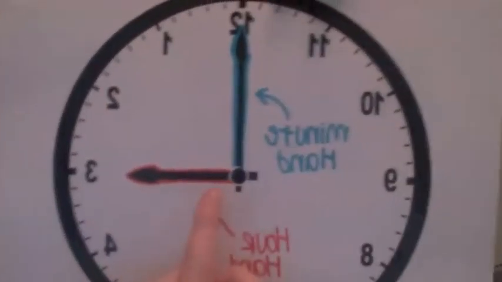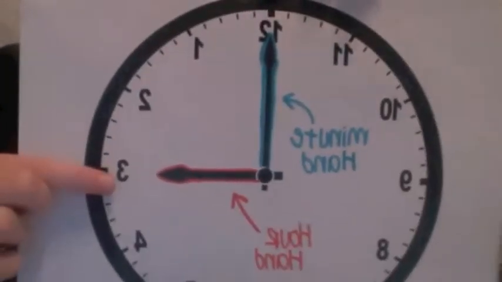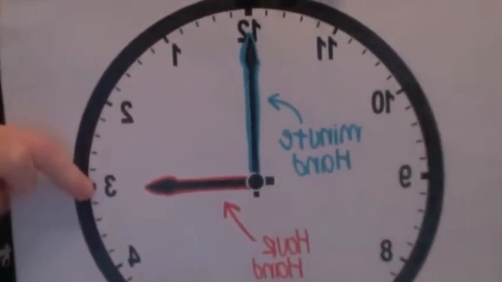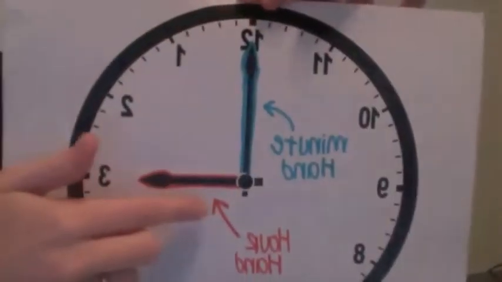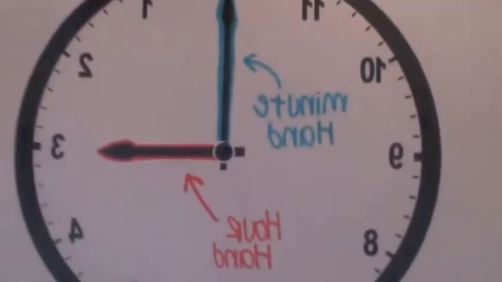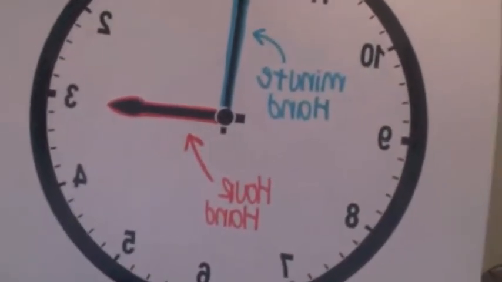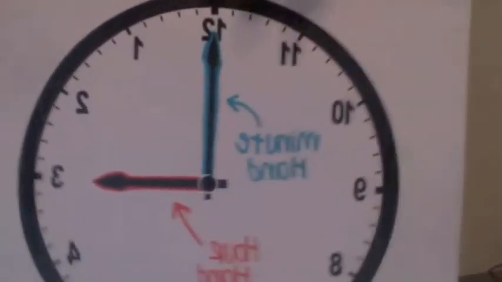So whatever number this small hand is at means that number is what time we're at. So if this minute hand is on the 0 and this small hand is on the 3, what time does that make us at right now? It makes us at 3 o'clock.